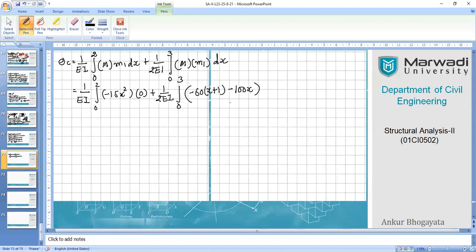So let's go to that. That is also an added advantage, I would say, as far as the numerical simplification is concerned. So 1 upon EI, 0 to 3 meters. Again, the negative signs will get cancelled. So 60x plus 60, I'm parallelly expanding it, plus 100x. That's it, a very small expression.